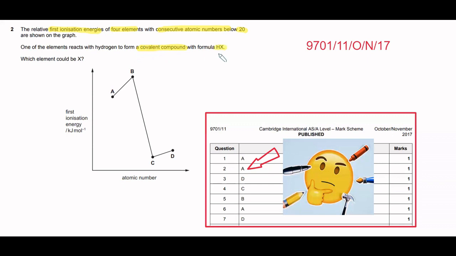So now, let's analyze in detail for you to understand in a better way. I know that the elements are between 1 to 20. So from group 1, I have hydrogen, lithium, sodium, potassium.